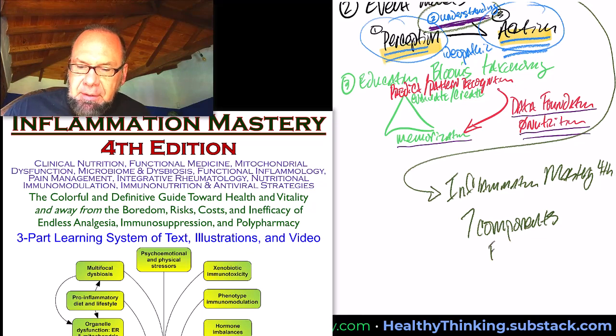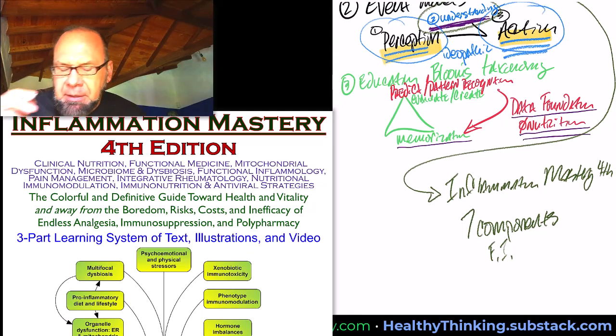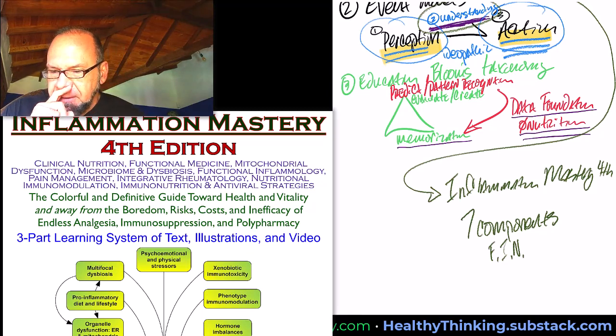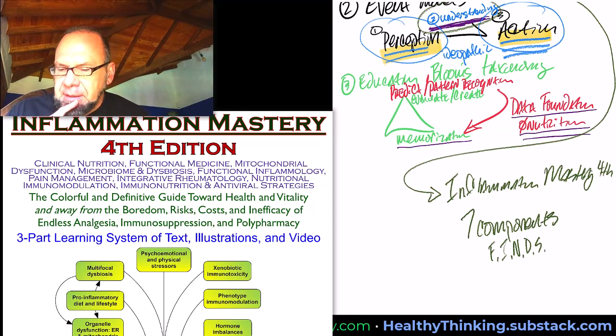So I talk about food, infections, and dysbiosis. Obviously, infections are talked about in medical training, but dysbiosis not so much. Nutritional modulation of immune function is not discussed in any aspect of medical training. Dysmetabolism and dysfunctional mitochondria. And then we get into stress, psychology, sleep, exercise, etc.